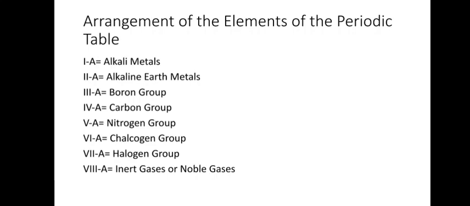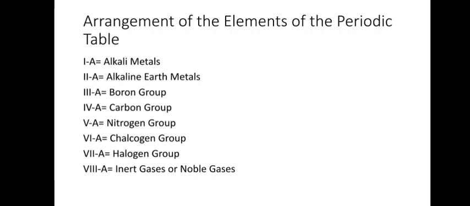It's on the second left column, starting from beryllium down to radium. And then we have 3A, which is the boron group. It starts from B, which is 6th from the right, the green one. So we get boron, aluminium, gallium, and so on.